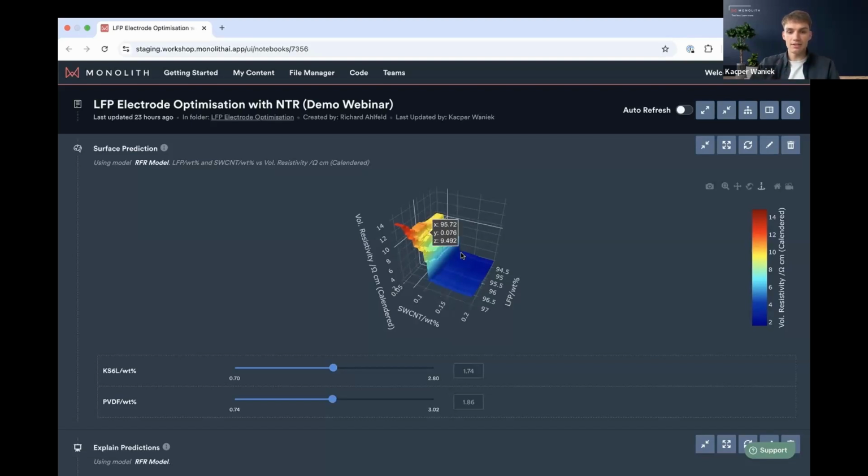And we can clearly see there is a nonlinear relationship here. As expected, the single-walled carbon nanotube content has a significant effect on the volume resistivity because of its effect on the conductivity. But we can see that there's a sharp drop in resistivity around the 0.1% concentration mark, and that aids us in our formulation and knowing we should probably aim for a higher content than 0.1%.